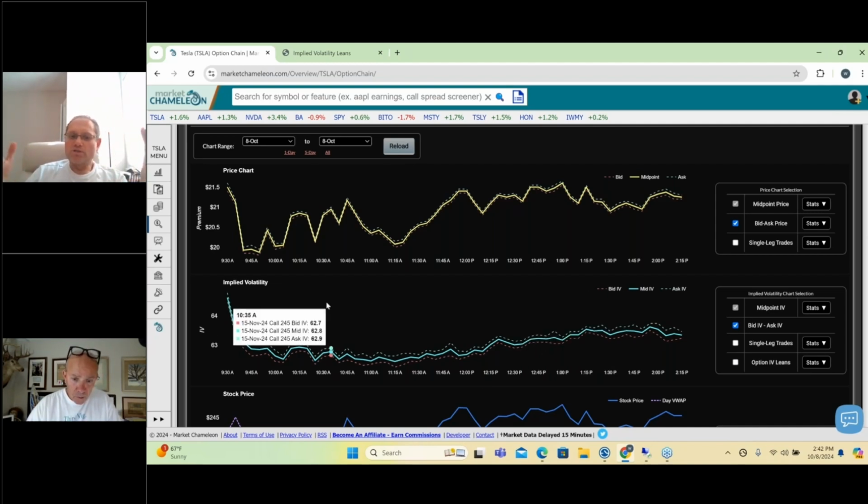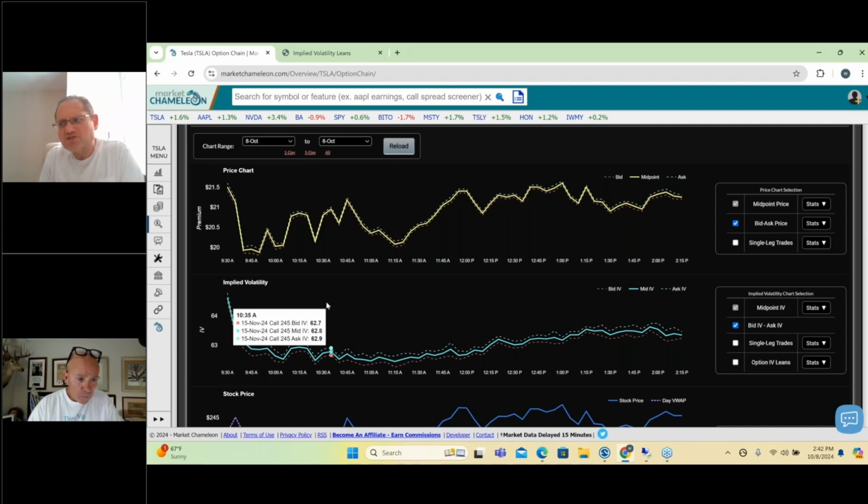One is the midpoint implied volatility. Since you have a bid IV and an ask IV, if you just wanted one line to represent the value of that IV, we would take the midpoint, because the midpoint is what we call the mark to market. The fair value is somewhere between the bid and the offer, so we take the midpoint.